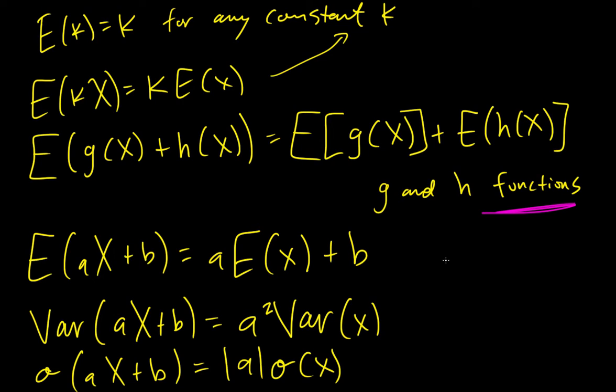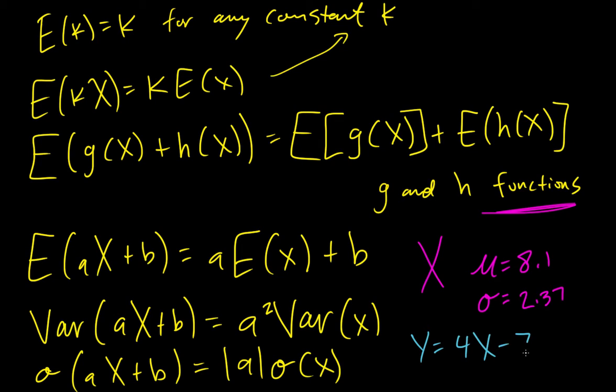So the random variable x has a mean of 8.1 and a standard deviation of 2.37. Okay, let's see, it says if y is equal to 4x minus 7, find the mean and standard deviation.